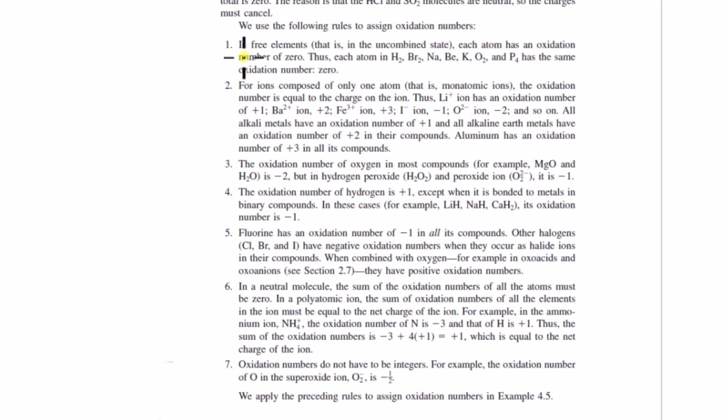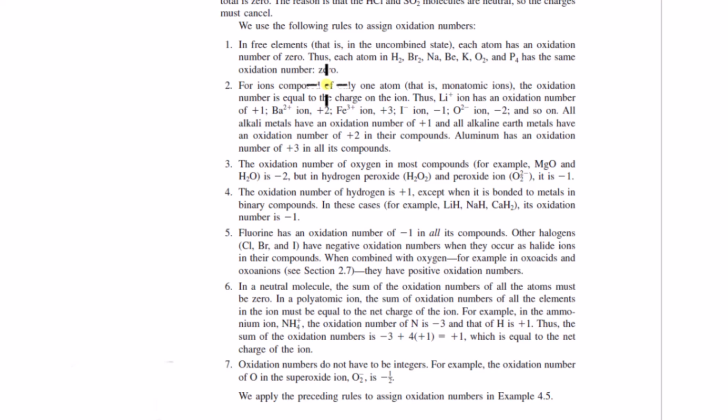Rule 1 says that in free elements, that is in the uncombined state, each atom has an oxidation number of 0. Thus, each atom in H2, elemental hydrogen, elemental bromine, sodium, beryllium, potassium, oxygen, all of these elemental forms, all of the atoms have the same oxidation number, 0.